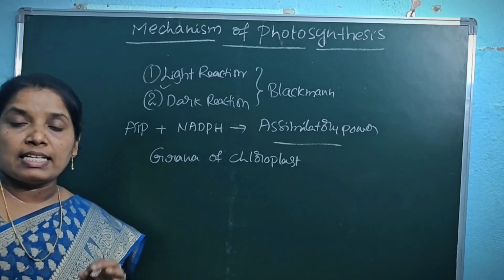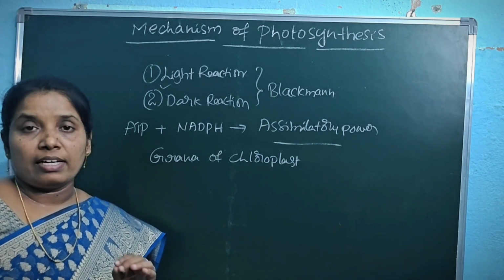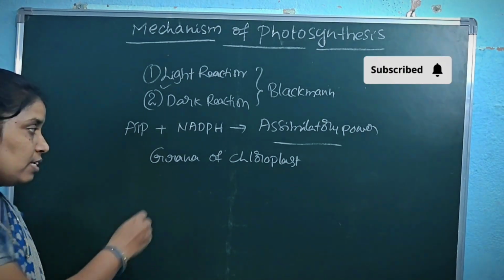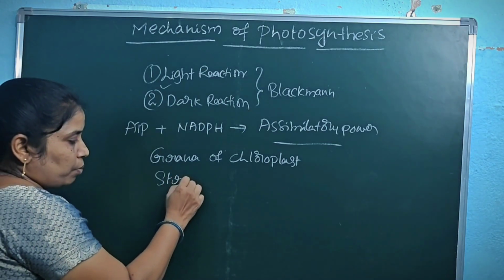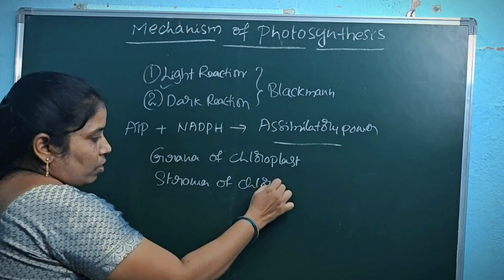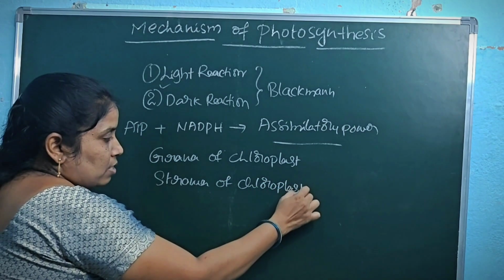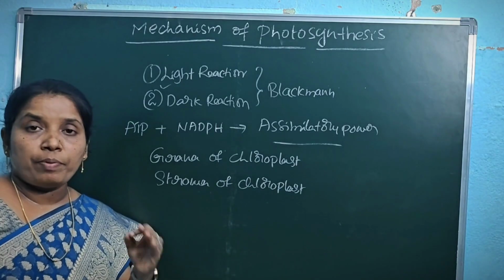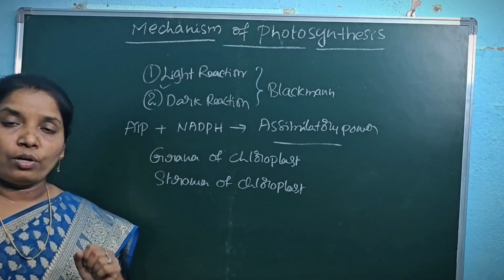That's why the site of light reaction is grana of the chloroplast. Whereas the site of dark reaction is stroma of the chloroplast. Why? Because the enzymes which are necessary to fix the CO2 are present in the stroma of the chloroplast.